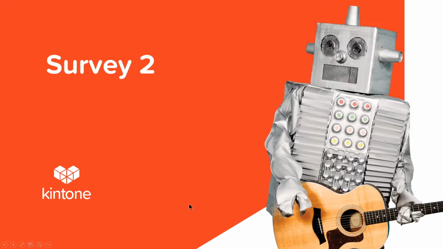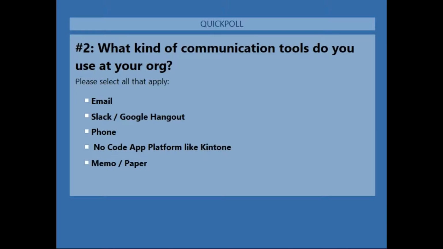So we're going to do a quick survey. My partner Nicole is going to put on a survey on the screen, and we're going to be asking you a question about what kind of communication you use. We got most of people voted.